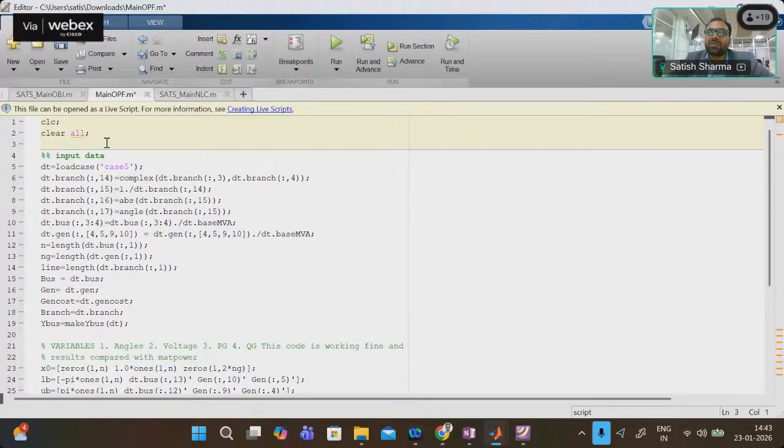Sir, what will be the time scale of OPF? Mostly how frequently is it solved? For a particular load we solve it, so it depends how frequently we are solving it. Generally we solve it for each time period, and in India we consider a 15-minute block period.